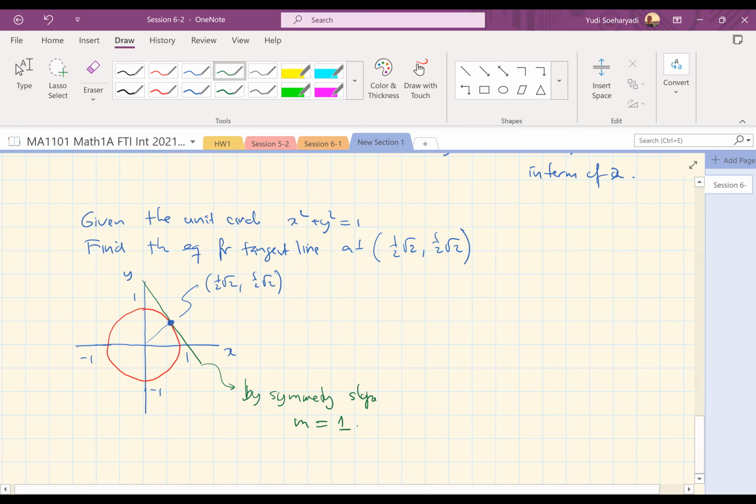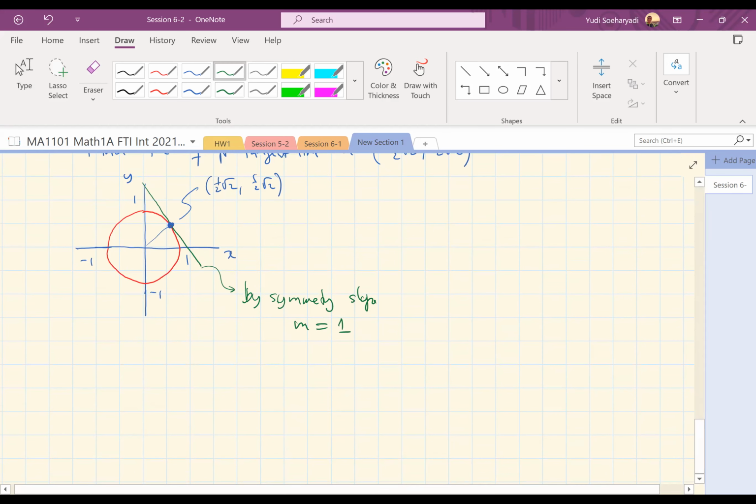Okay, so using this information, the tangent line is, let me see, y minus 1/2 square root of 2, slope is 1, times x minus square root of 2. Okay, that's how you get this without calculus.